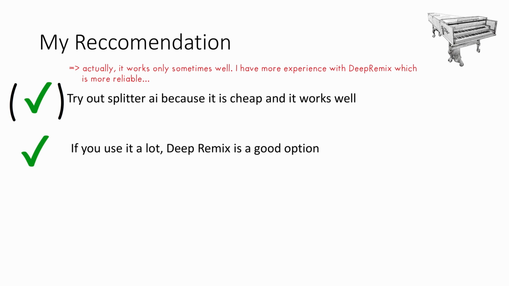That's what works for me, and I'm sure you have maybe even better suggestions for me and for the community. So let me show you how these programs work. I'm just gonna start with Splitter AI.